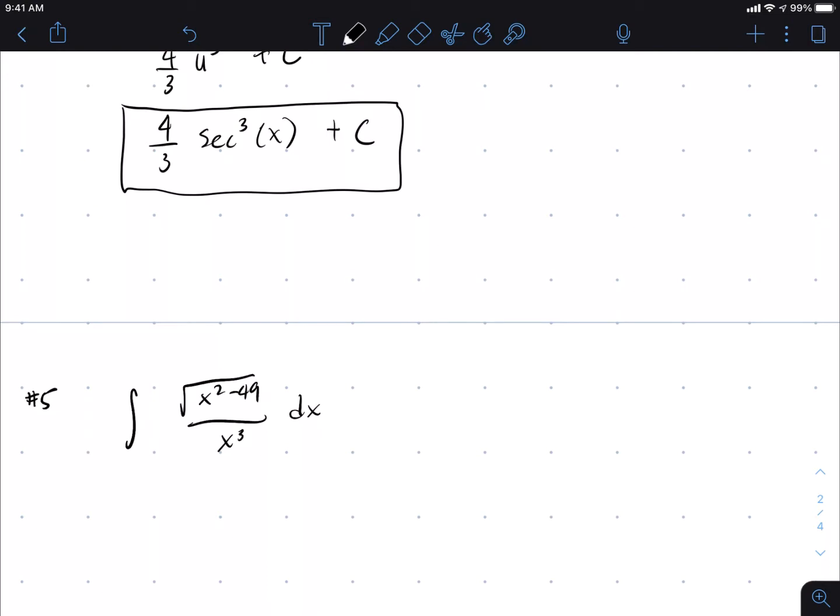Would we start with u sub? If we did a u sub, what would we u sub? The square root. But if we do that, how do we get rid of the cube? I mean, we could go down that slippery slope if you'd like, but it might be preferable to do a trig sub.